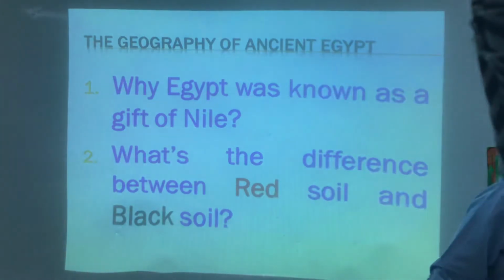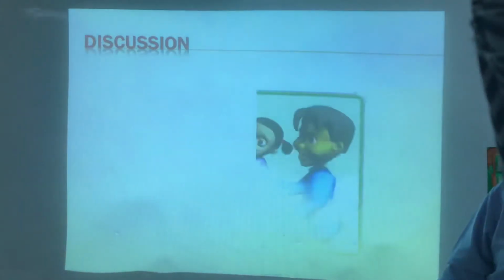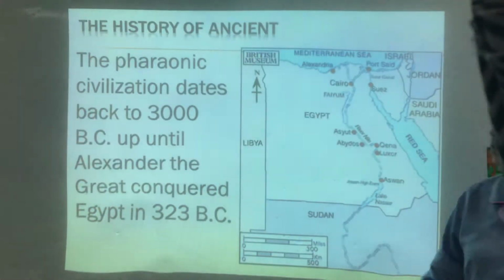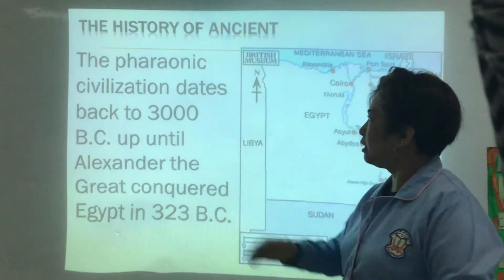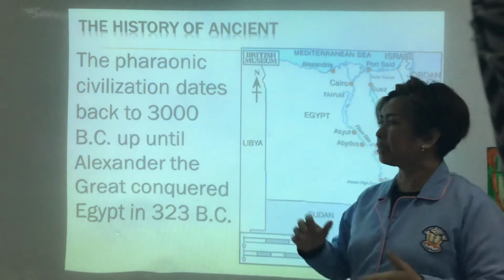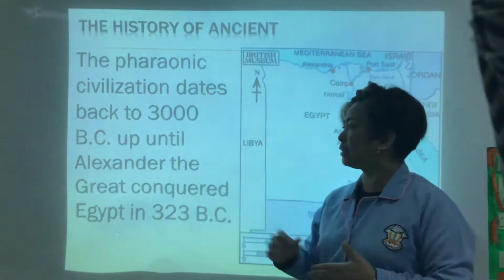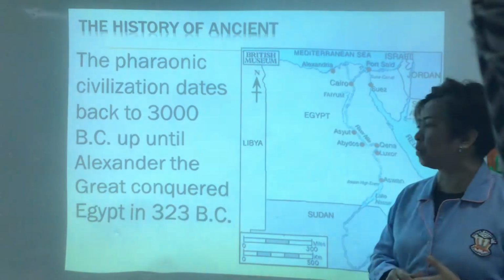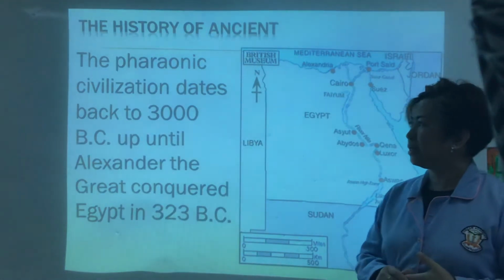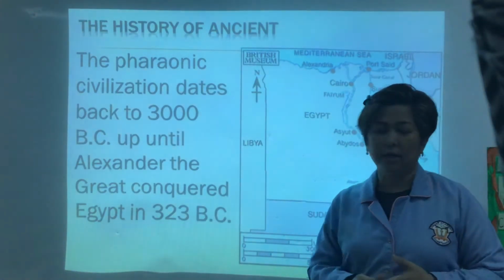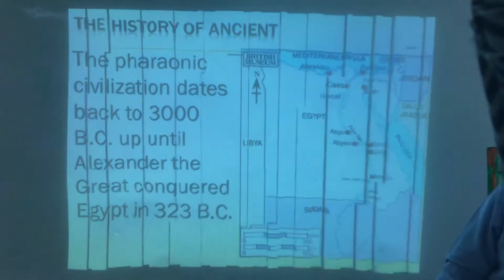Now let us continue. For our discussion, let us have first the history of ancient Egypt. The Pharaonic civilization dates back to 3000 BC up until Alexander the Great conquered Egypt in 323 BC. This started the civilization in ancient Egypt.